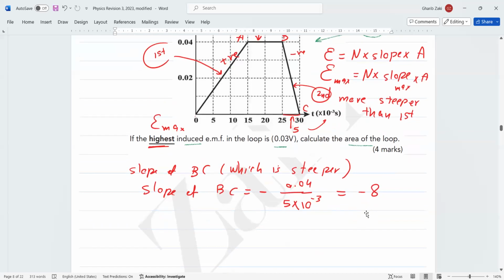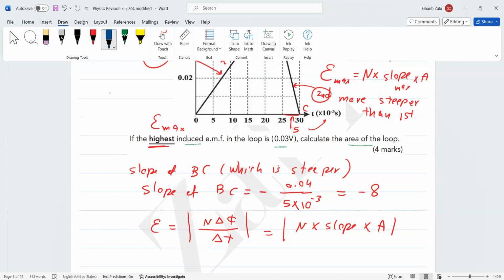Now we go to the EMF induced. Faraday's law says that EMF induced is the magnitude of N delta phi by delta T. Now we said delta phi by delta T is the slope. So it is the absolute value of N multiply the slope, multiply the area. He said, find the area.